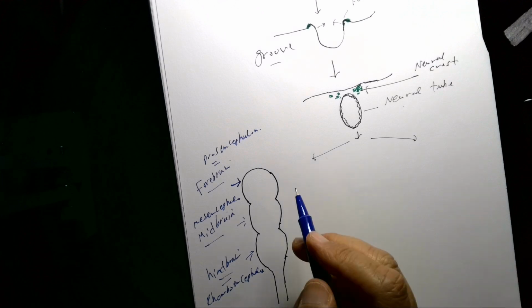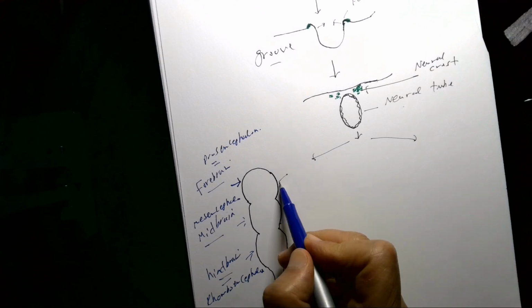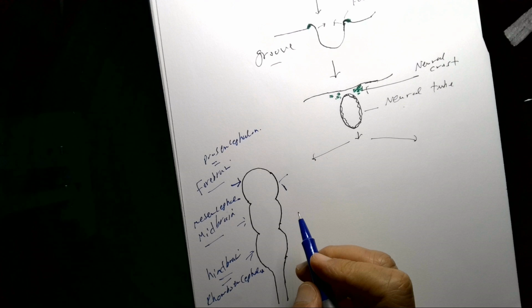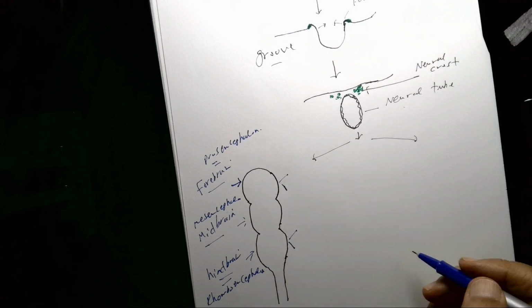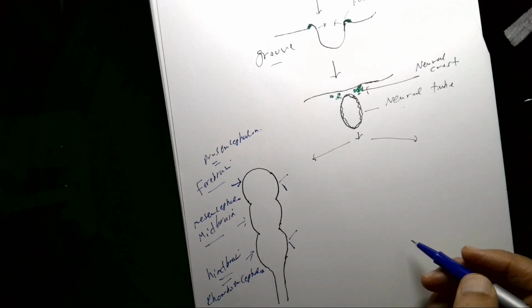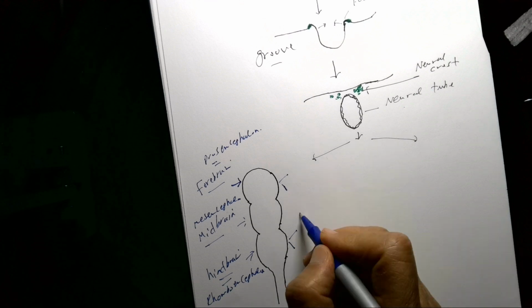Then this one is going to split into 2, another vesicle or another dilation, forming at the end 5.